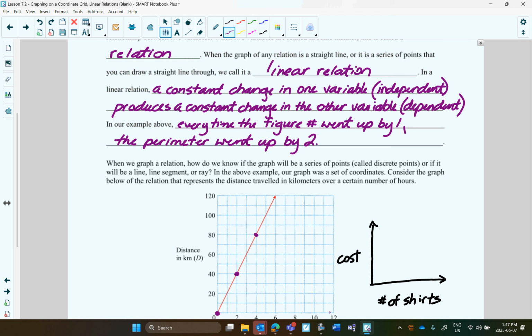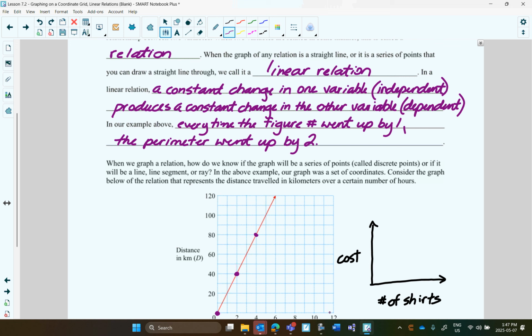Okay? That's the very definition of a linear relation. So the one we did, even though it was just a series of points, we could still draw a line through them, so it's a linear relation. This is a linear relation because it forms a line. If I did something that had a curve in it, it's not a linear relation.